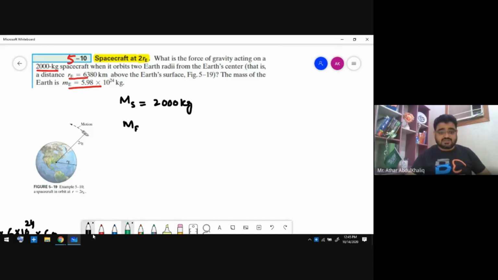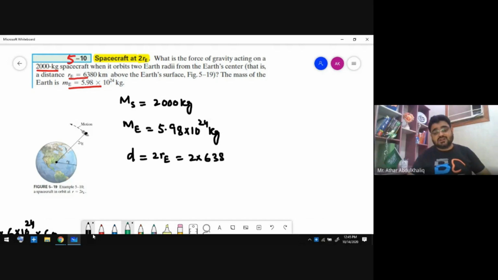Mass of the earth, you know that it is given 5.98, and I told you you have to memorize it. I will not give you this value. So radius of the earth is given. So distance between center of the earth to center of this planet is 2 RE. So you can say that it is 2 times RE, and RE is given 6380 kilometer.